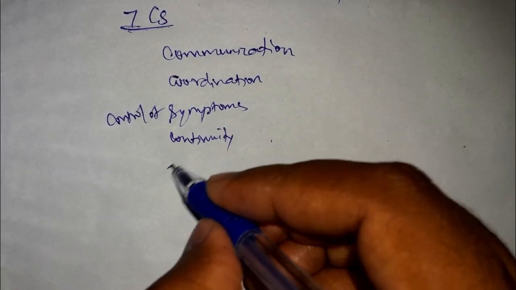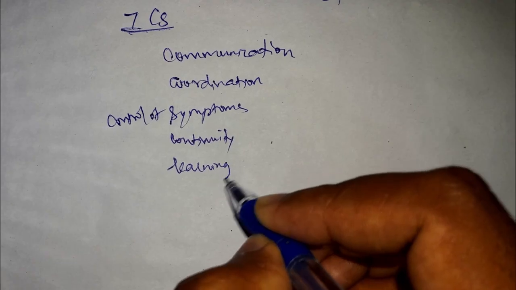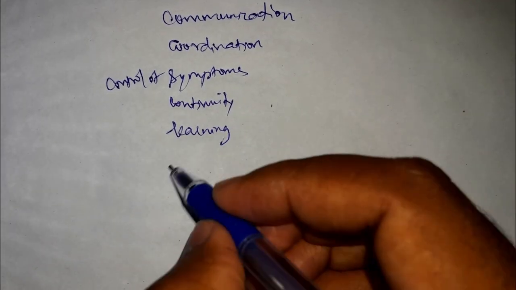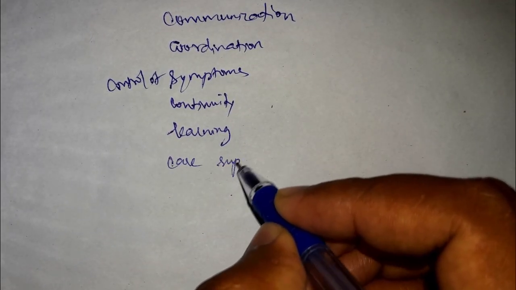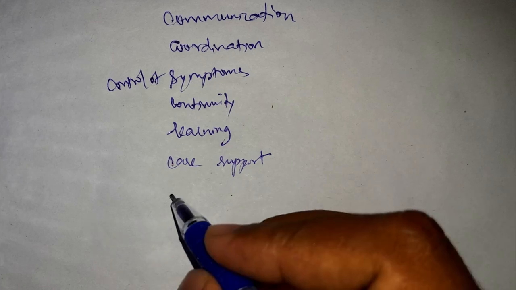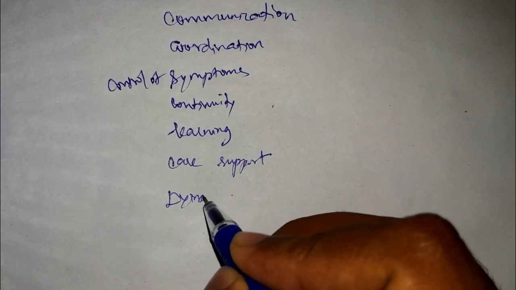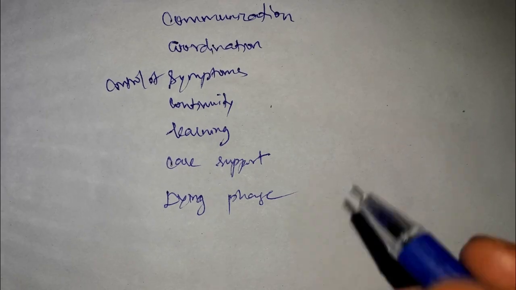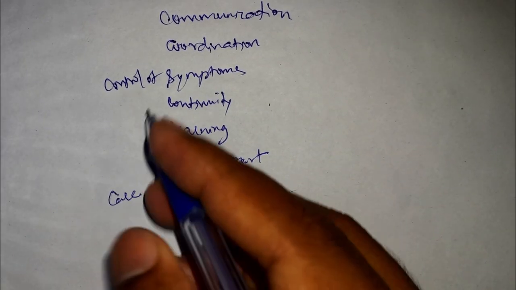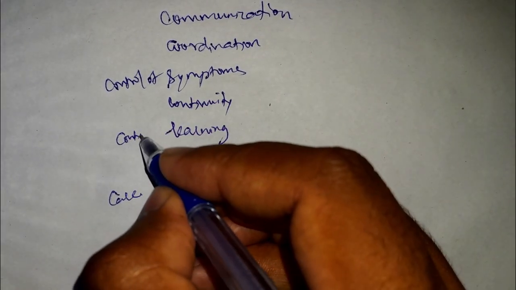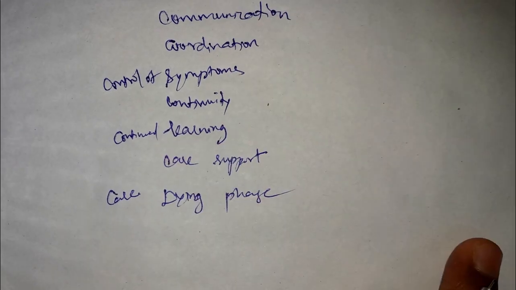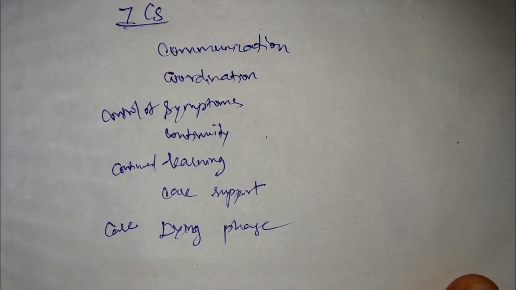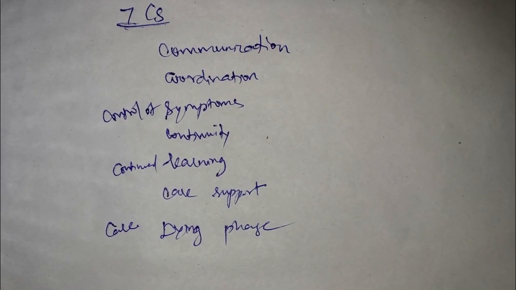Then continuous learning. Then care support we have to give. Then the dying phase, we have to care in the dying phase. So in these 7 C's everything is care, learning is continuity. Everything is a C. So these 7 C's are there in aging.